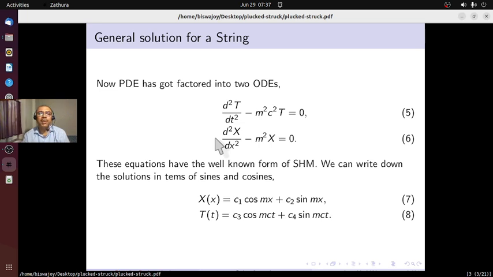And we know the solutions of these differential equations: cos mx and sin mx for this equation, whereas cos mct and sin mct for this equation. And we can multiply X(x) with T(t) to find the solution for the partial differential equation.